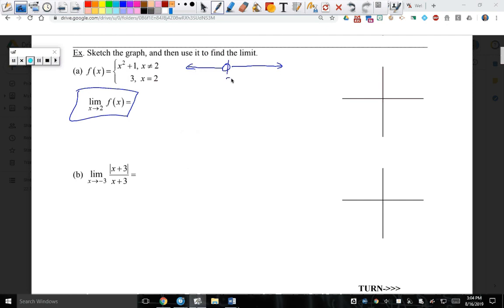So if 2 was here, it's basically everything else. That's what this is showing. You agree? Okay. What is the other one showing? When x is equal to 2. Okay, so this is just saying at one specific location. Okay, so here it's just going to be at x is equal to 2.